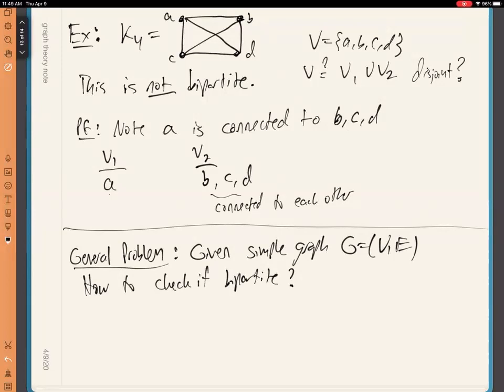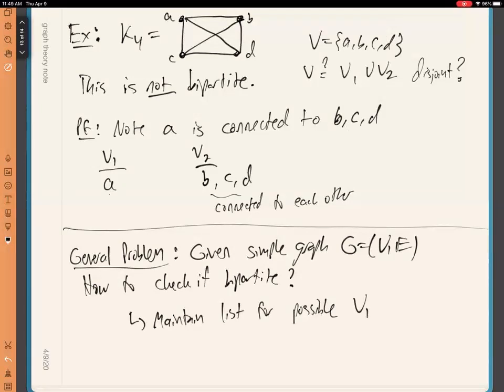So what you want to do is maintain a list for a possible choice of V1. Just begin with one vertex. In the last example, we fixed A and put that vertex in V1, and then everything that A is connected to has to belong to V2.